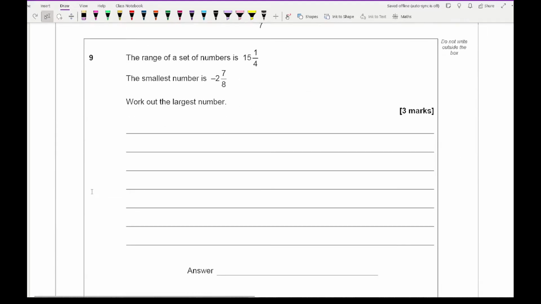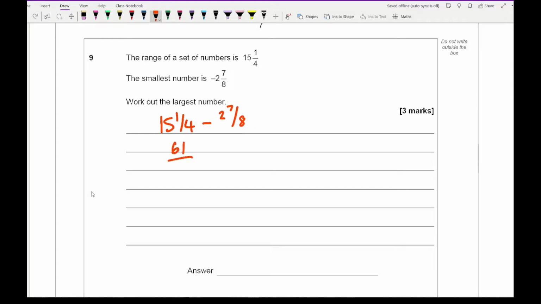Then, moving on to question 9, it says the range of a set of numbers is 15 1/4. The smallest number is -2 7/8. Work out the larger number. Now, for this, what we need to do is take 15 1/4, the range, and then take away what the smallest number is, so it's 2 7/8. One way of doing this is to convert it into improper fractions.